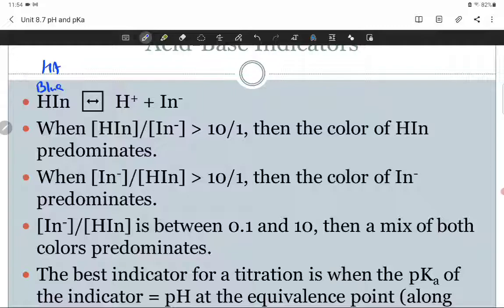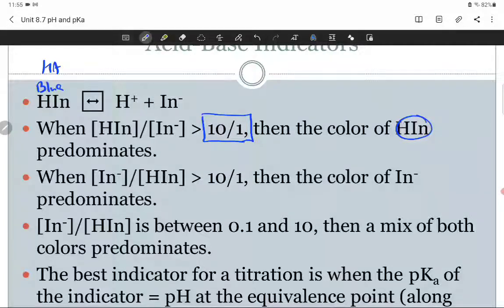If you have a 10-to-1 ratio of the HIN compared to the conjugate base, you will have a solution that would look blue.